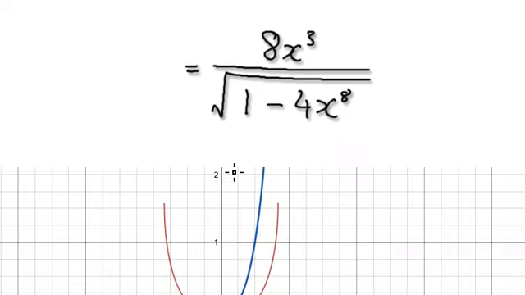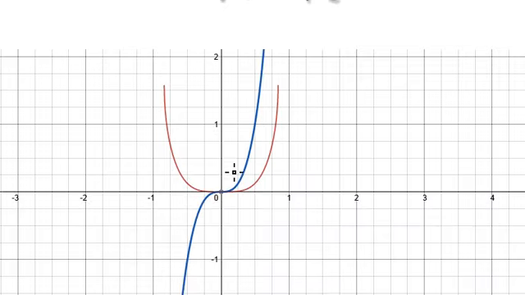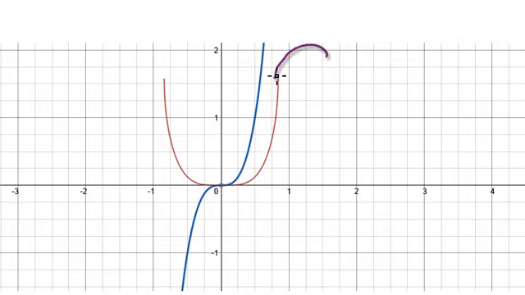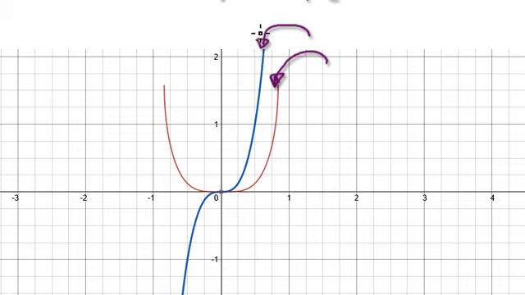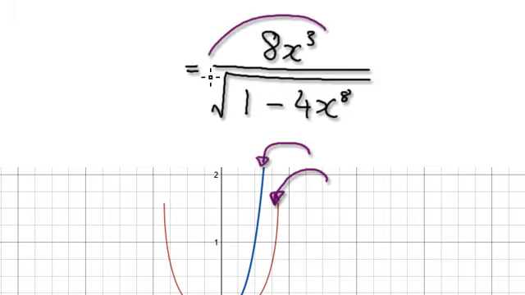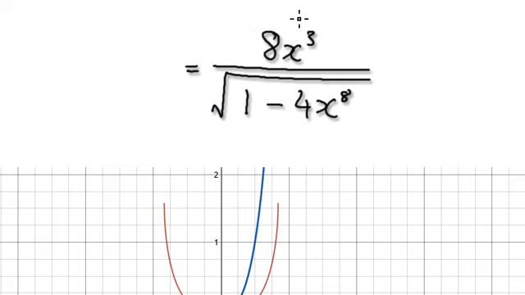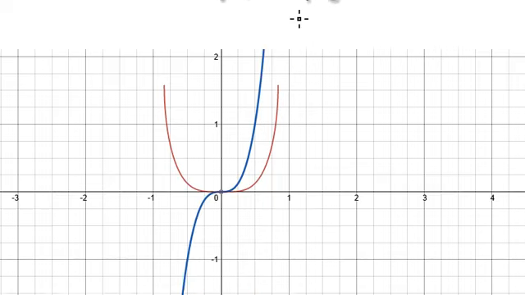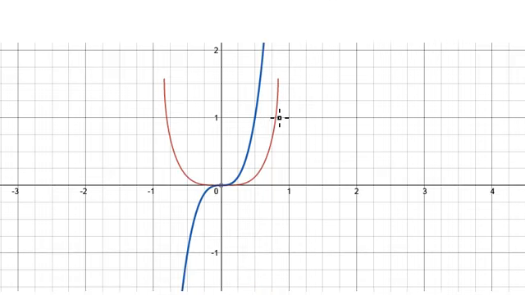If you get a graph plotter, plot your original question and this answer here. The blue line is this bit here. Have a quick glance just to check your answer. Looking at the red line, you can see that the gradient here is flat. It's 0.